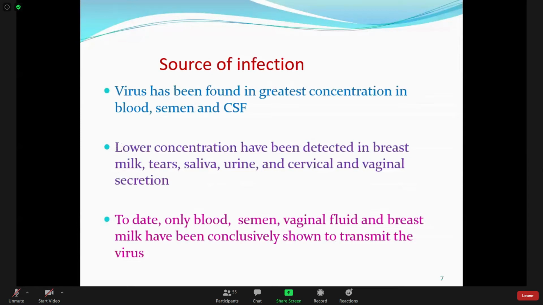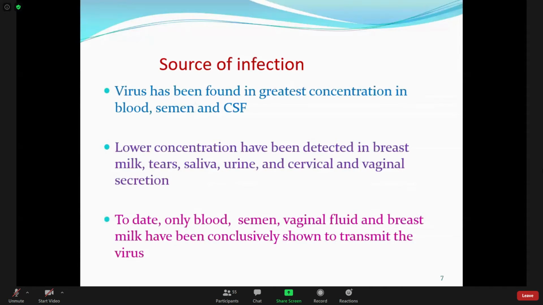Among them, blood comes first, then semen, then vaginal fluid, thereafter breast milk, because breast milk is mother to child. So this is mother to child transmission, MTCT, which is also possible through breast milk, and other routes we'll discuss later.